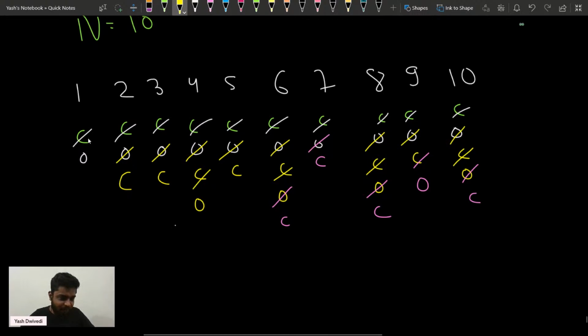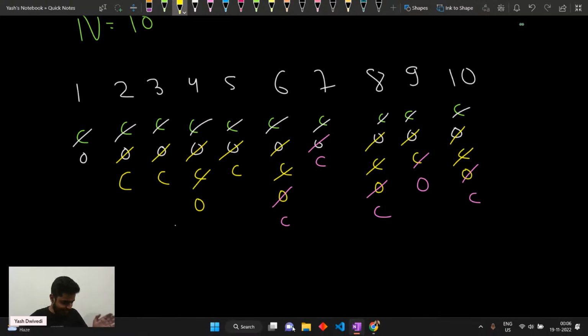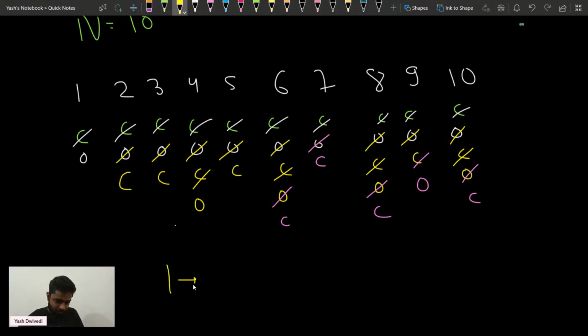Right, so in the end it is asking that after following this procedure, for 1 you have to do it from 1 to 10, then for 2 you have to do it for 2, 4, 6, and so on. For 6 you have to do it for 6, 12, and so on. You are saying that till 5 you are clear. See, for 5 we will do it for 5 and 10.